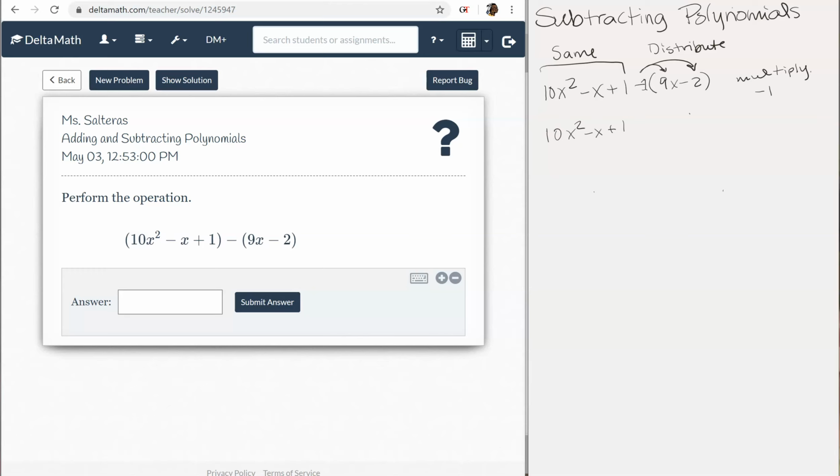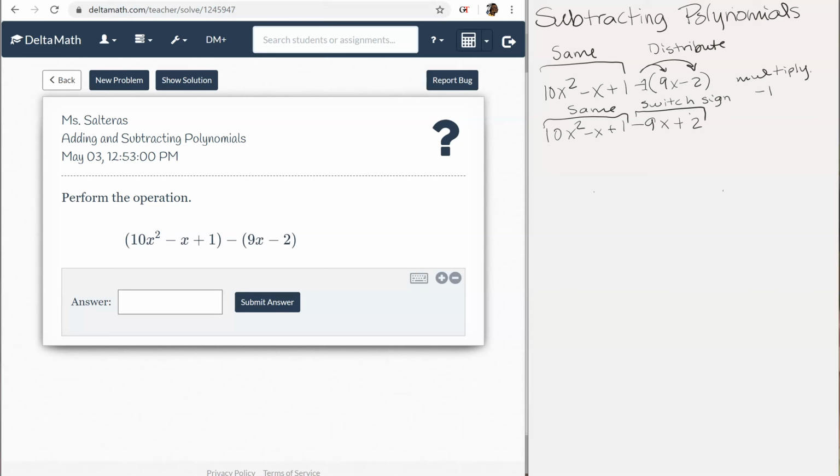So if this was a positive 9x, it is now going to become a negative 9x. This -2 will now become a positive 2, all right? So this part stays the same. And the second set of parentheses, you're really just switching the signs of each term that's inside of that set of parentheses, all right?